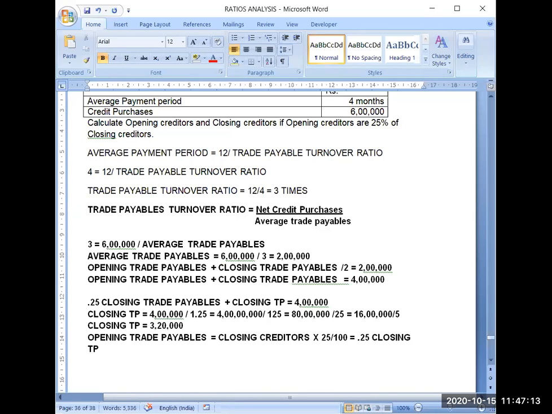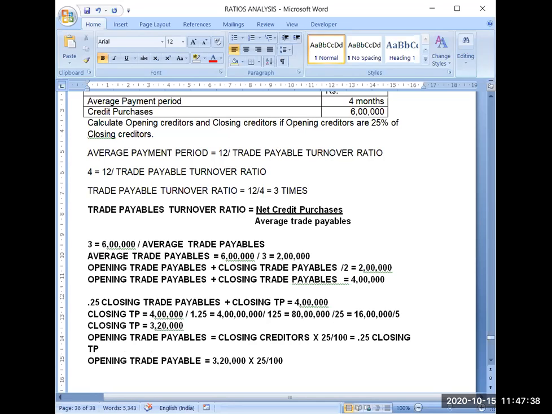So this way I have got closing trade payable is equal to 3,20,000. Now I can use it in this equation. Opening trade payable is equal to closing trade payable multiplied by 25 upon 100.